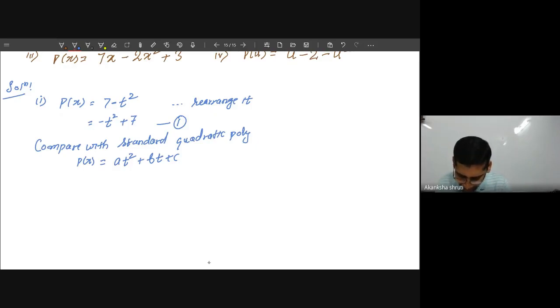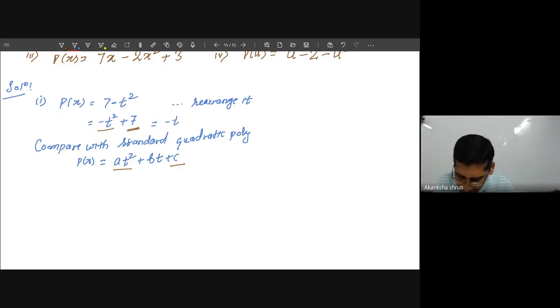Now comparing, observe carefully. Here our first term is t square. The term corresponding to t is not there, but for constant c, it is the constant. So we have to rewrite the above in the form of t. Though t is not there, how can that t be introduced? Nothing of t is there means it is multiplied with 0.